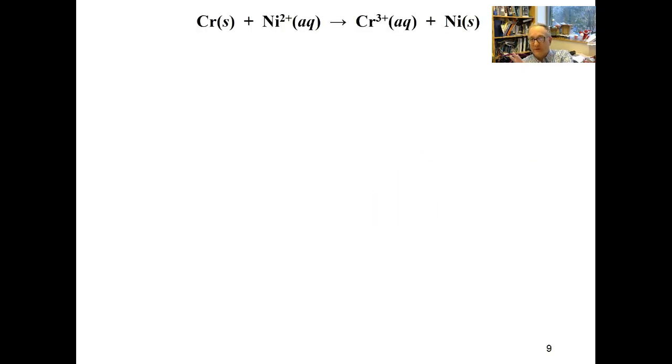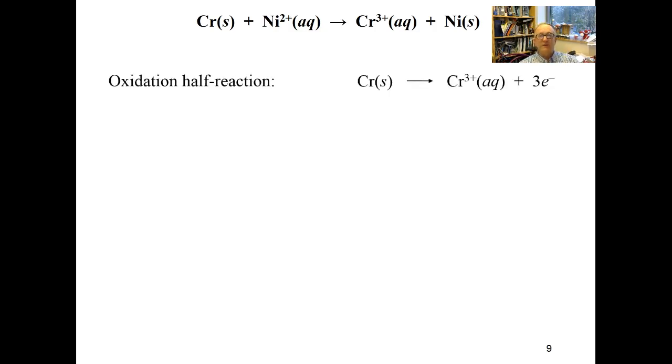So there's our starting equation. There's our oxidation half reaction that I just carried over from the other slide. We're going to multiply that one by 2. So now we've got 2 chromium solid goes to 2 chromium 3+ plus 2 times 3, 6 electrons.